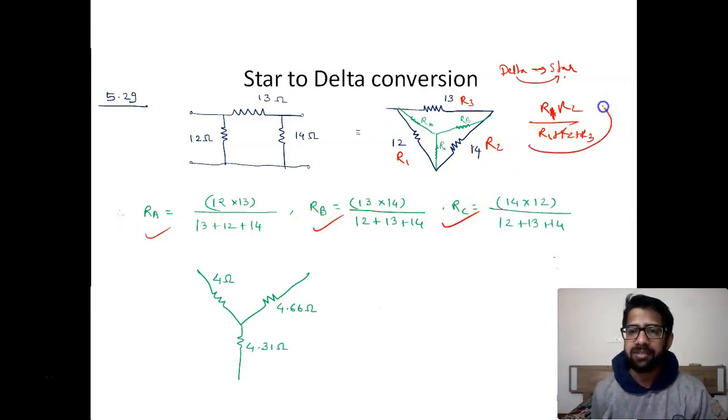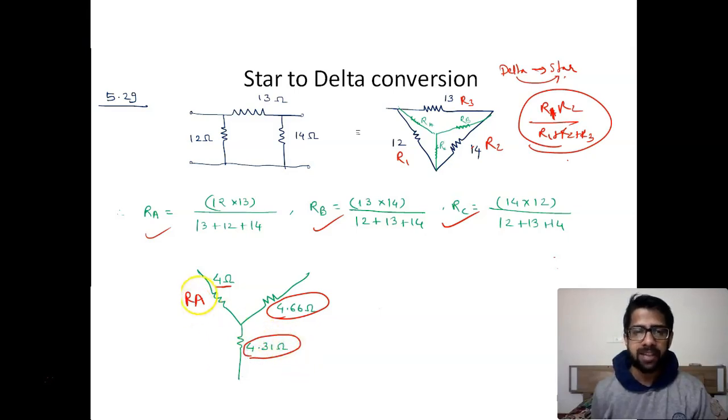So we have successfully used the formula which is going to reduce the resistance. RA is found to be 4 ohms, RB is 4.66 and RC is 4.3. As you can see, all these resistance values are lesser than the original values. So delta to star reduces the resistances.